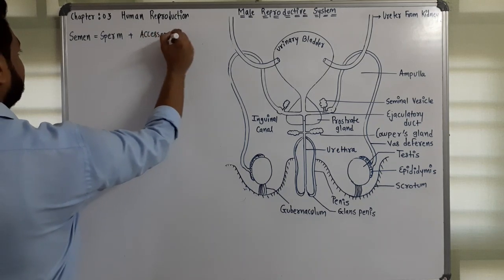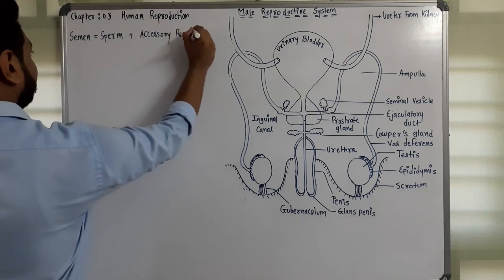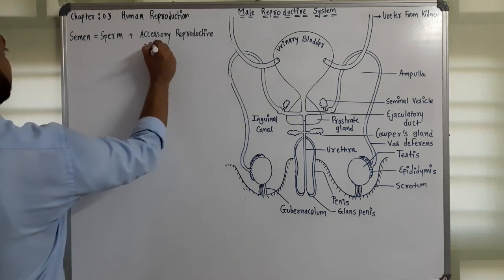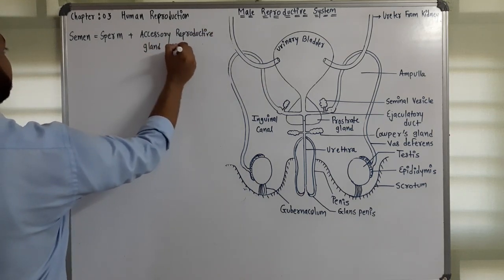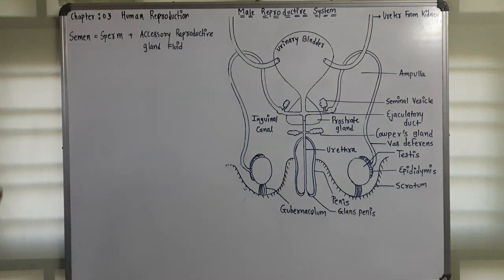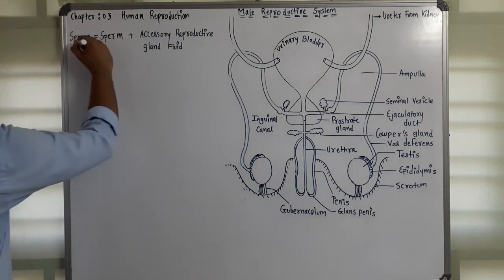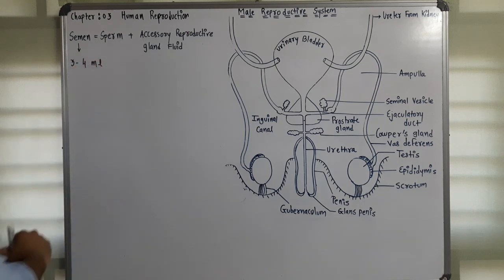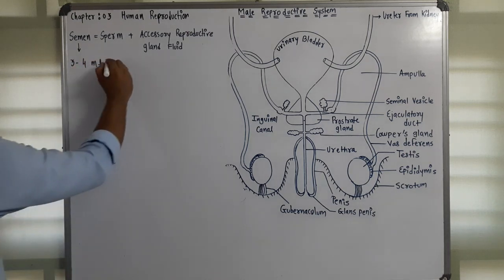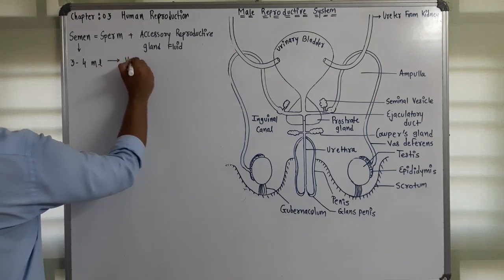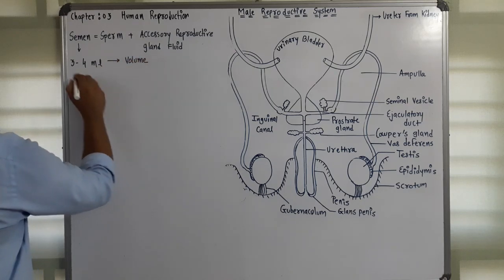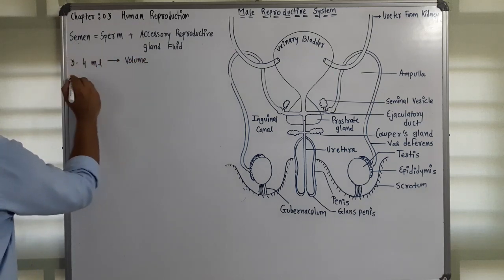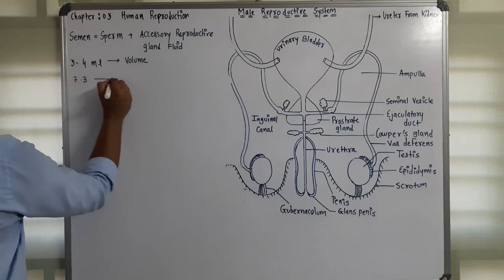Now the normal volume of semen ejaculated is 3 to 4 ml. That is the volume. The pH of the semen is 7.3.